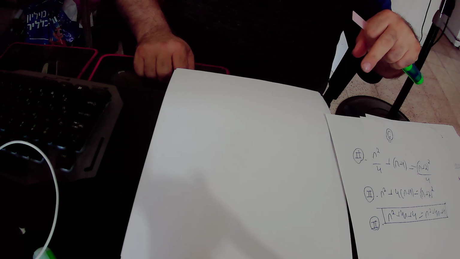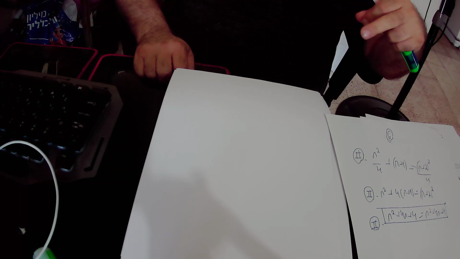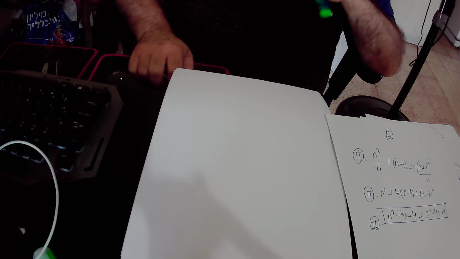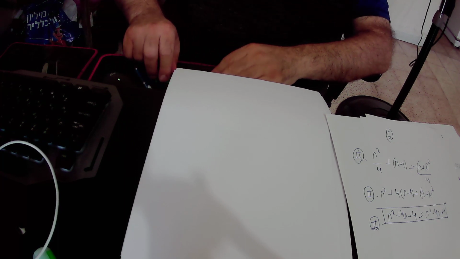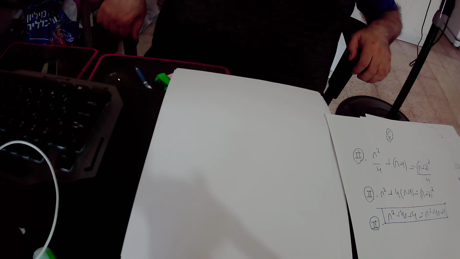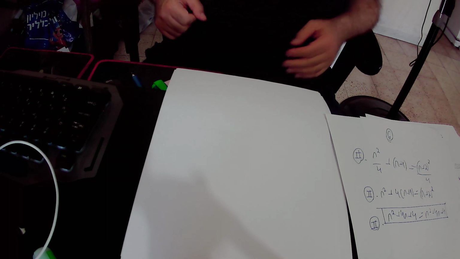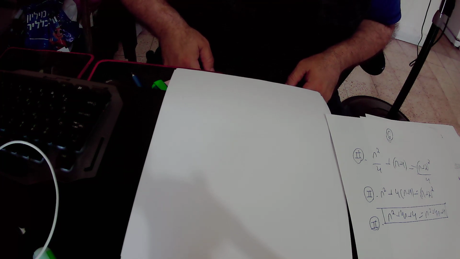And the natural number is a positive integer, like 1, 2, 3, 4, 5, 6, 7, etc. And we actually do 2 stages in order to prove that something is true for all the natural numbers by mathematical induction.